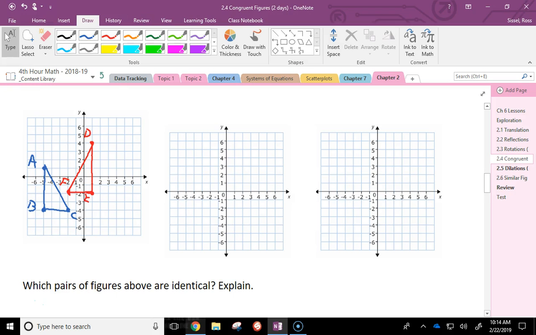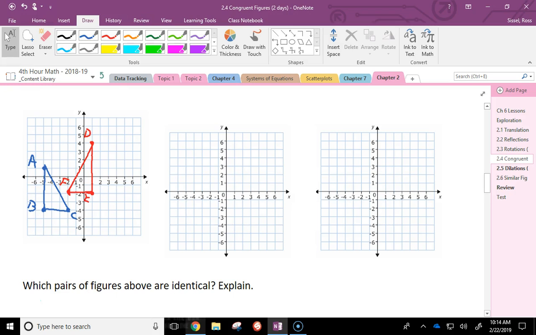Here's your tracing paper. This was the second part of the exploration. It said, then copy one of the figures. So you want to copy them and label the points, and then see, can you turn it, can you flip it, can you do something to it to match up with the other one?